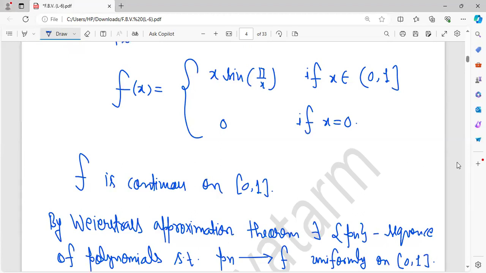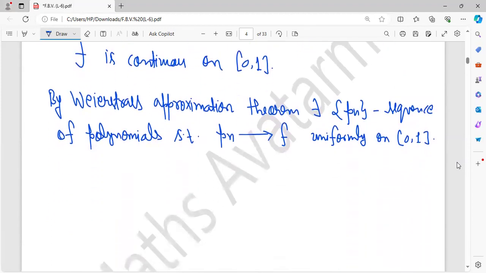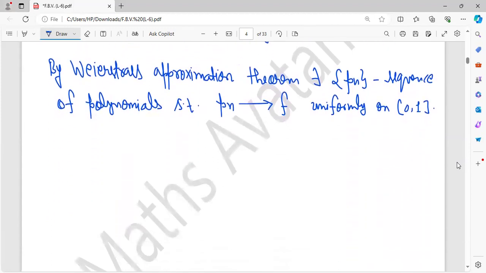But in the last lecture we proved that each polynomial is a function of bounded variation on closed interval AB.